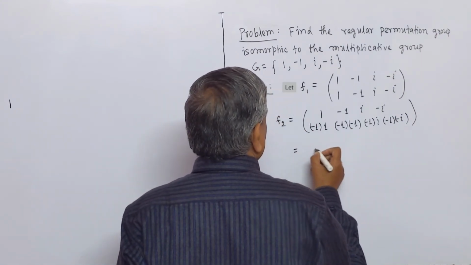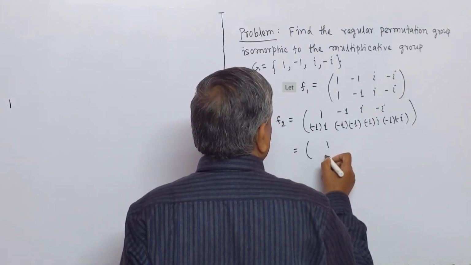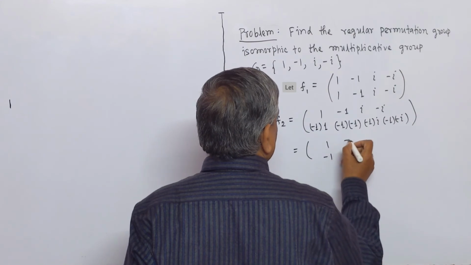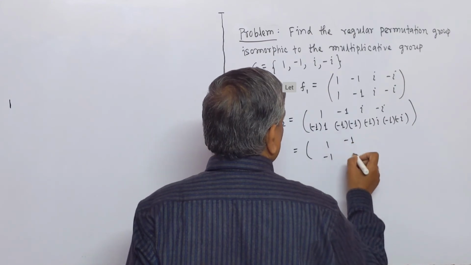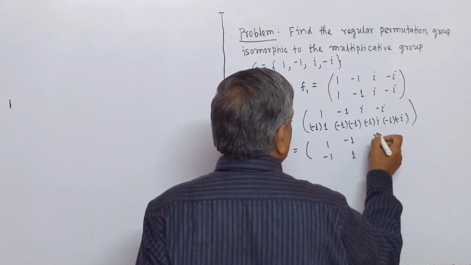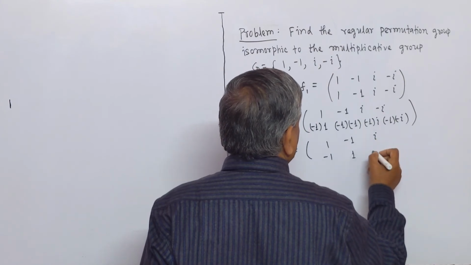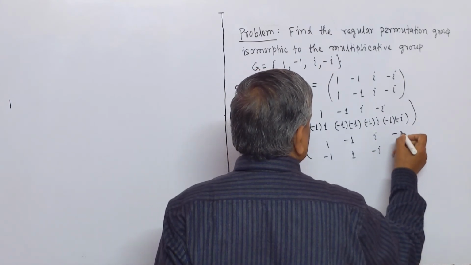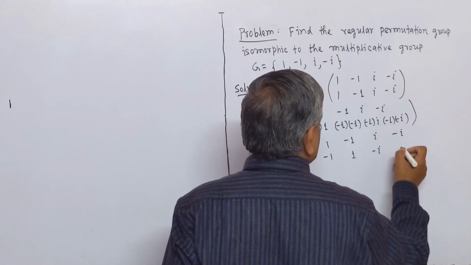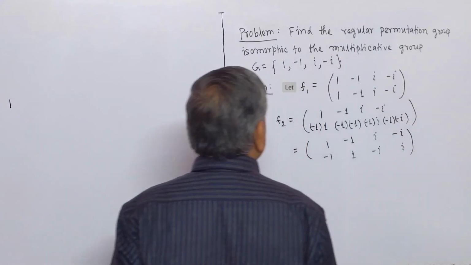This is equal to -1 here, 1 here, -i here, plus i here. This is F2.